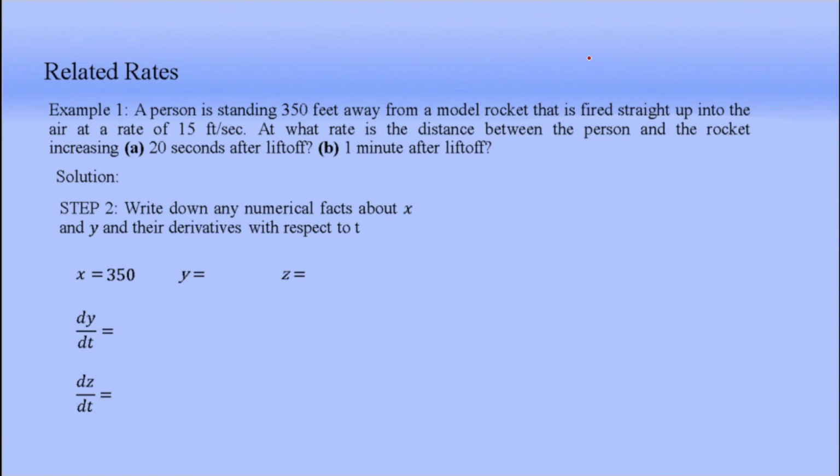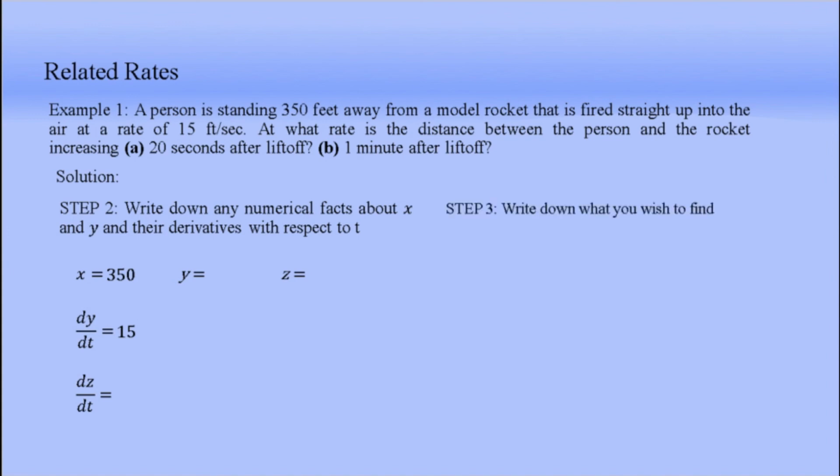And then we also have the derivative of y with respect to t, which is the rate at which the model rocket is being fired up into the air, which is 15. That's all the values that we have based on the given problem.